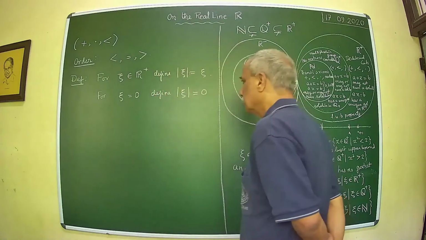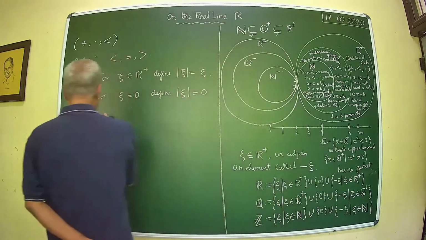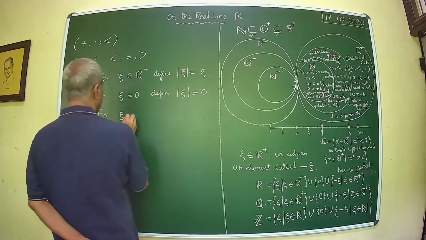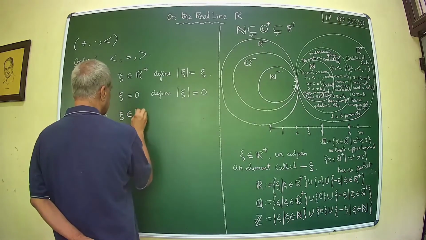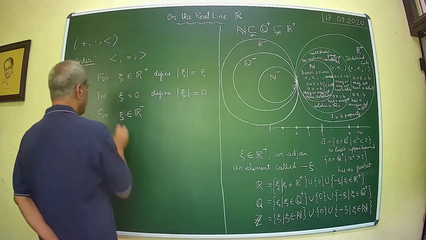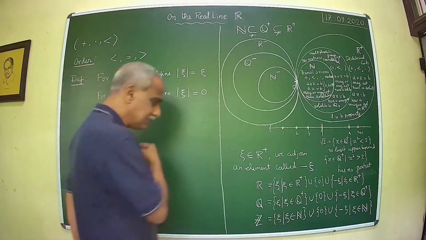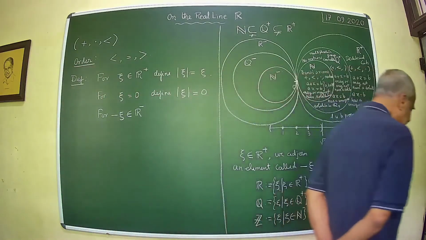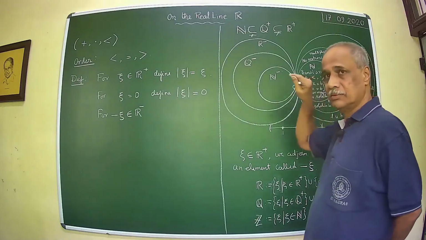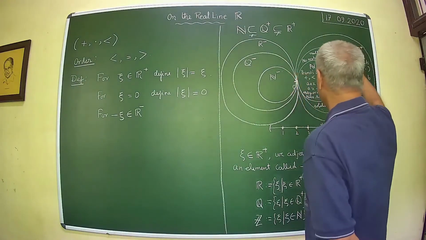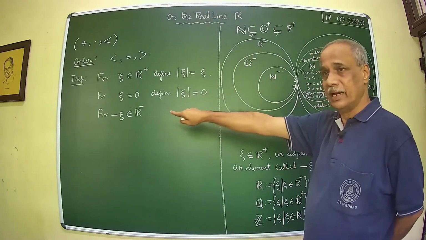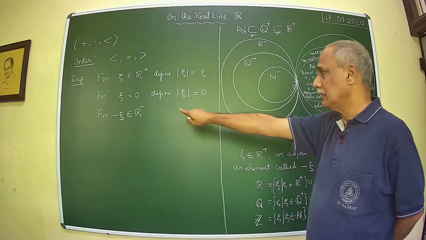So, then for psi belonging to R minus, let me write minus psi. How does this element come? This element comes from an element in R plus. So only the existence of an element in R plus brings an element minus psi in R minus.